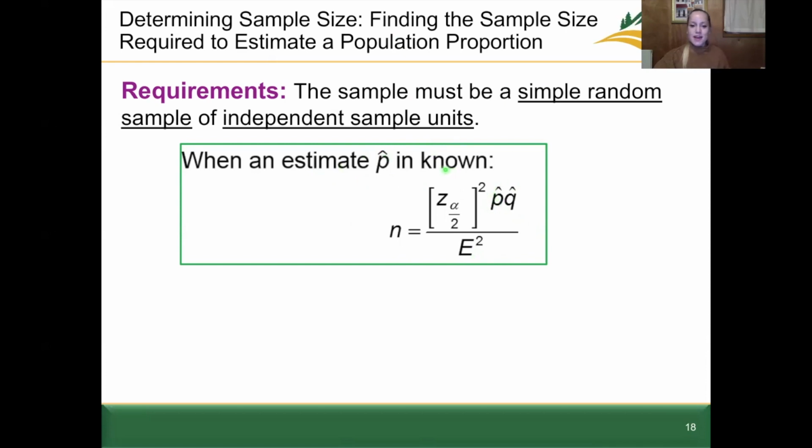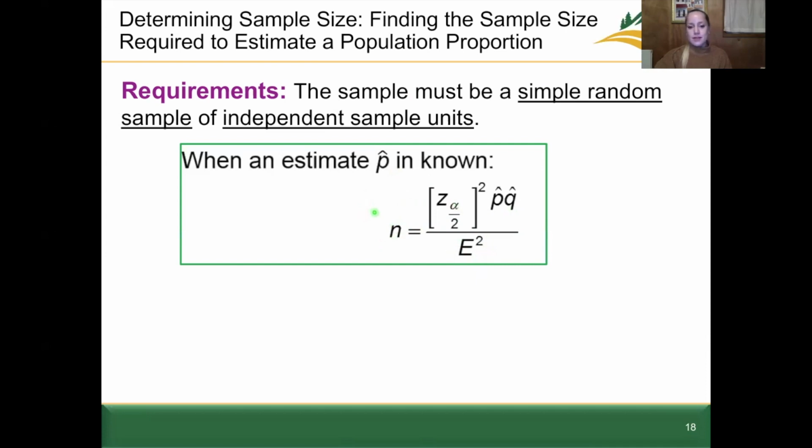If p hat is known, we can also solve for q hat by taking 1 minus p hat. Then this value here is our critical value. We take that and square it, multiplied by p hat times q hat. We divide that all by the margin of error squared to find our sample size required to estimate a population proportion.